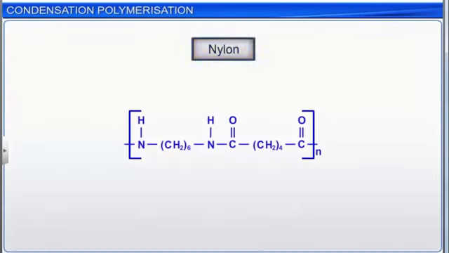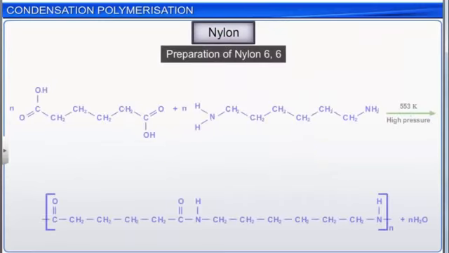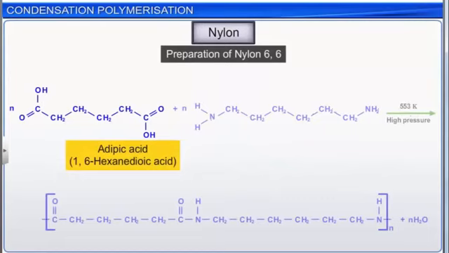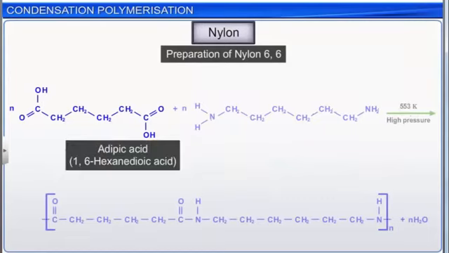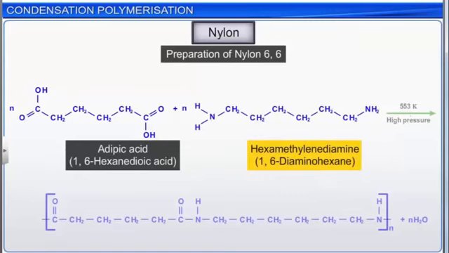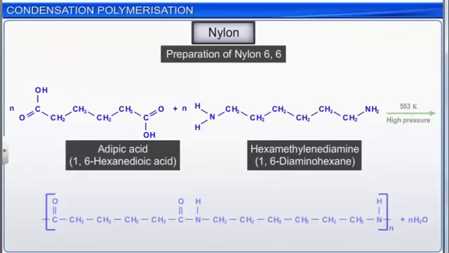Several different forms of nylon have been synthesized. One important nylon polymer is nylon 6,6. To obtain nylon 6,6, adipic acid or 1,6-hexane-dioic acid is made to react with hexamethylene diamine or 1,6-diaminohexane at a high temperature of 553 Kelvin and high pressure.